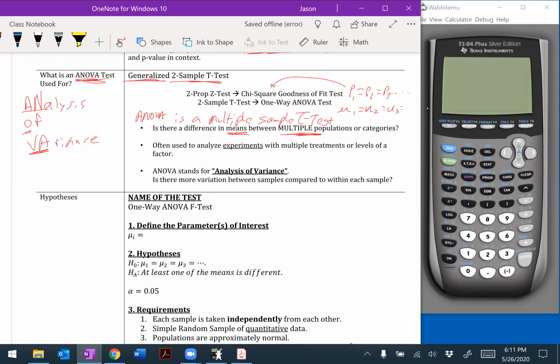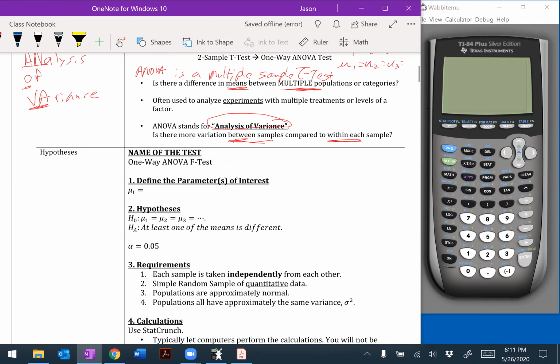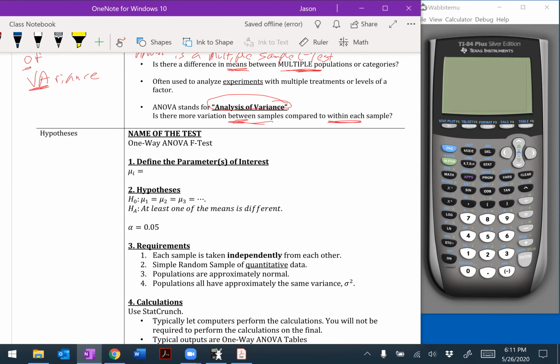It is often used to analyze experiments with multiple treatments or levels of a factor. ANOVA stands for analysis of variance. Is there more variation between samples or within samples? The name of the test is the one-way ANOVA F test, or just ANOVA for short.